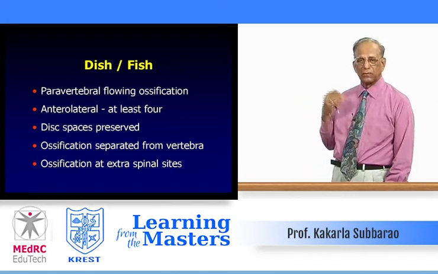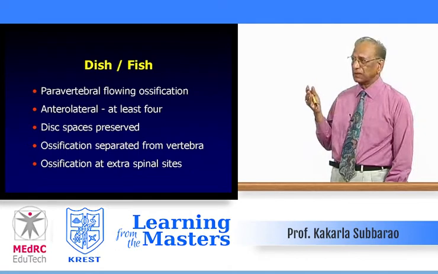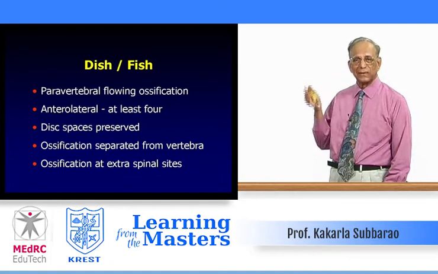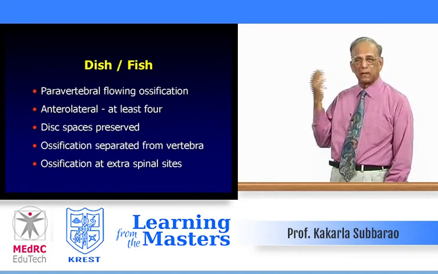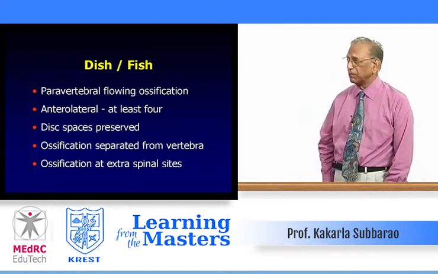From this description you would think of fluorosis, but there is a difference. Here there is no sclerosis of the spine, whereas in fluorosis there is dense sclerosis of the spine or other bones. That is absent here.